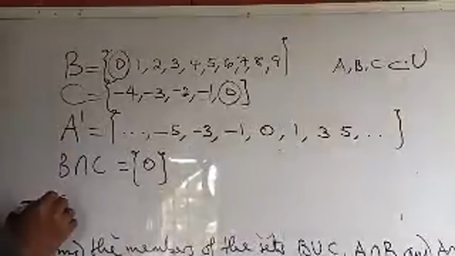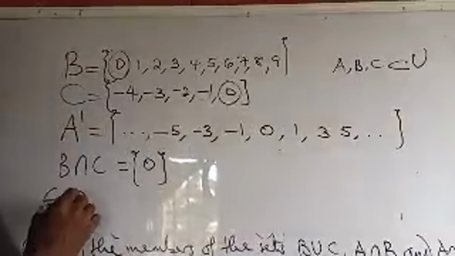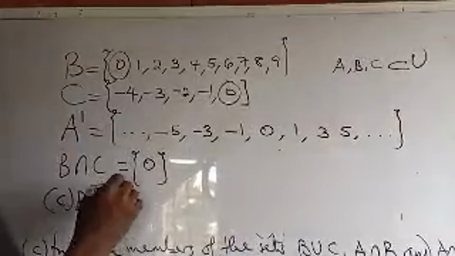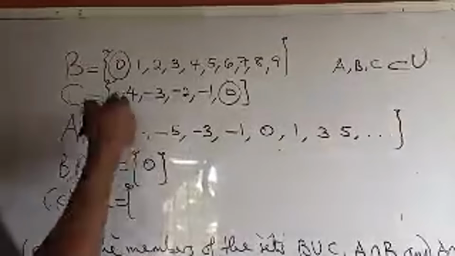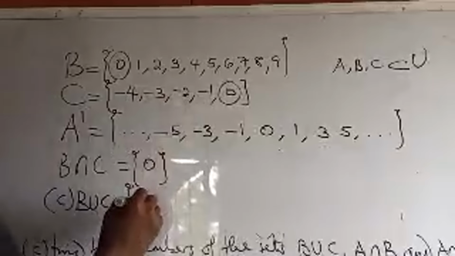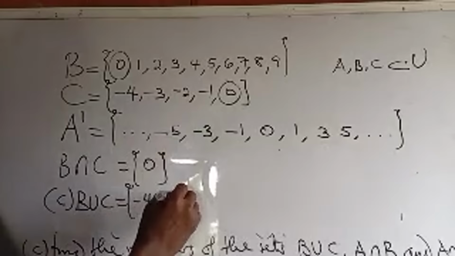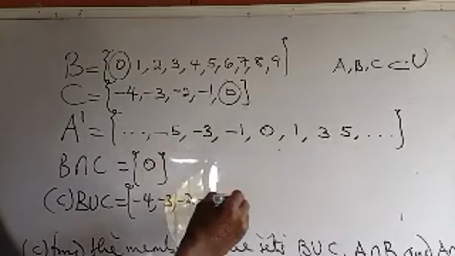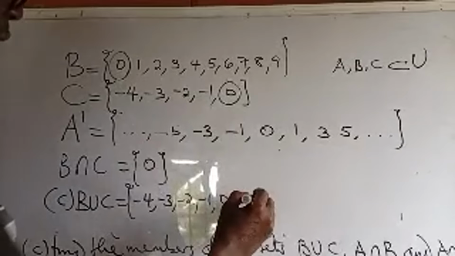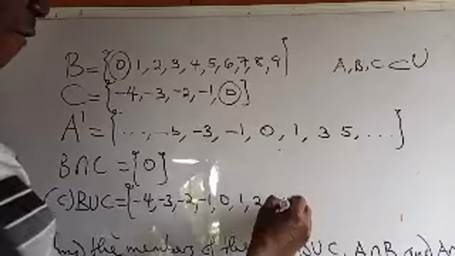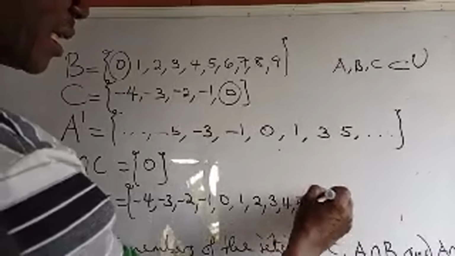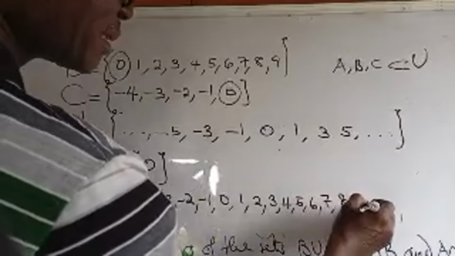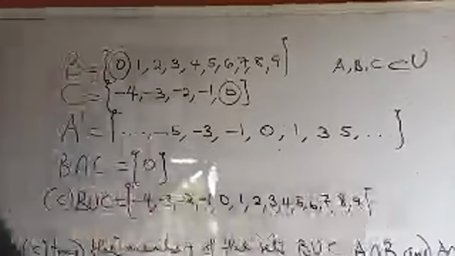Question C: B union C will be elements that are in B and C. You start with the least element: -4, -3, -2, -1, 0, then 1, 2, 3, 4, 5, 6, 7, 8, 9.